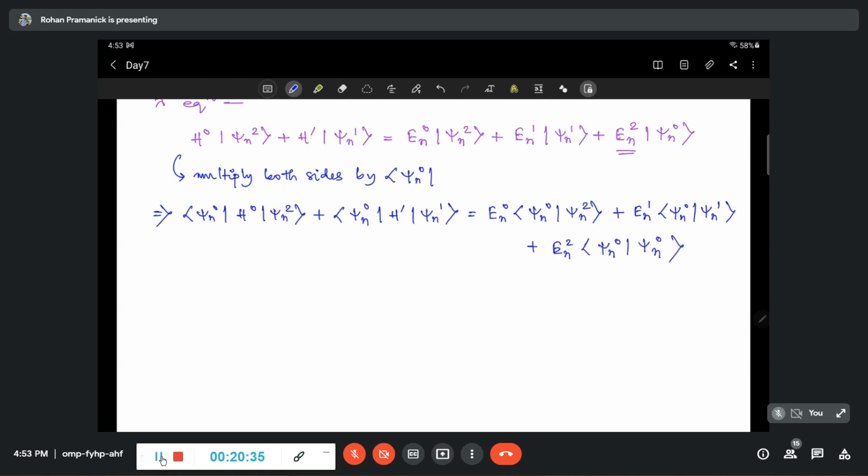Now, can someone tell me what this value is, based on the previous derivation?